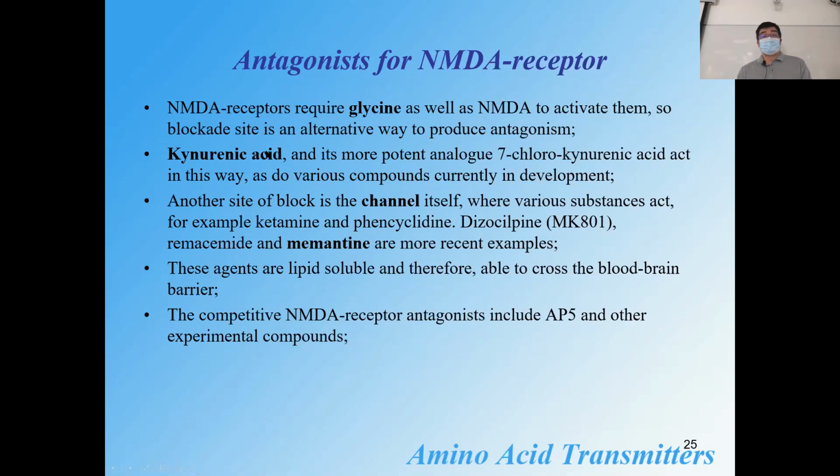So that's the reason the quinurenic acid has been studied, to see whether they can act this way, and also other compounds. Now, the ones that have been used are the channel blockers, on which different substances act, for example ketamine, phencyclidine, MK801, and memantine.